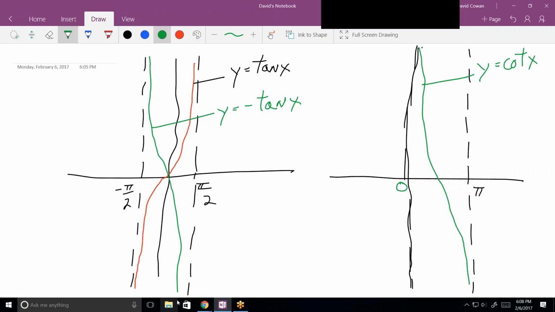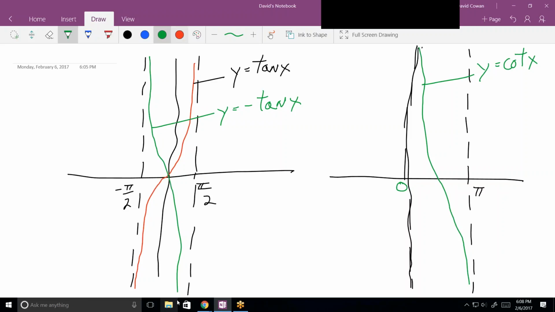Likewise, if I were to take a negative cotangent curve, it's going to have exactly the same shape as the tangent curve. Negative cotangent has the same shape as positive tangent. Because if I reflect this green line over the horizontal axis, it'll look just like the tangent curve, except it won't be in the right place.